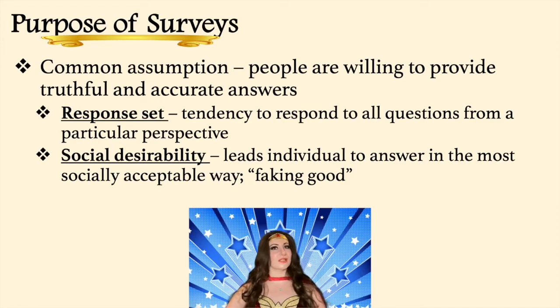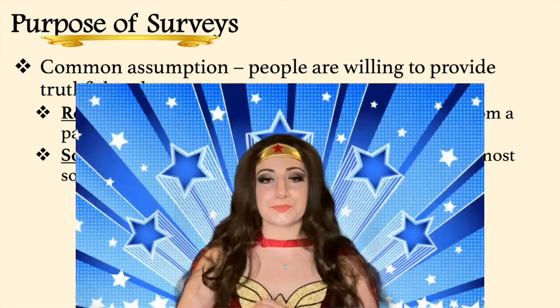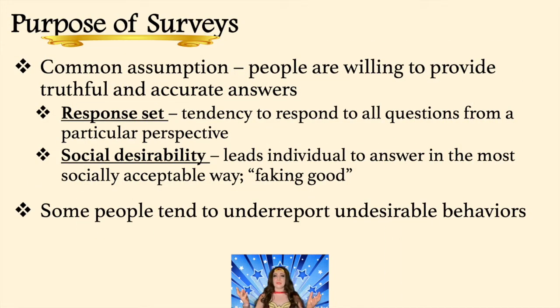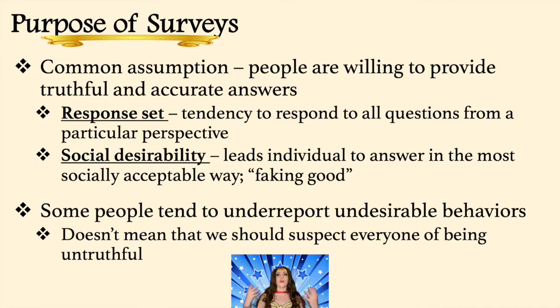In other words, to look like they definitely observe traffic rules, they're good drivers, etc. And so some people tend to underreport undesirable behaviors and overreport desirable behaviors. Does this mean that we should suspect everyone of being a liar? No, but it's just another limitation to be aware of if you are using a survey as your main form of data collection.